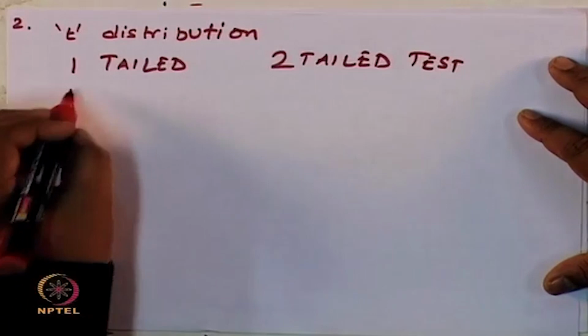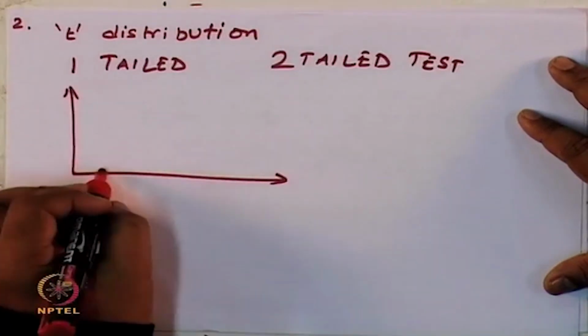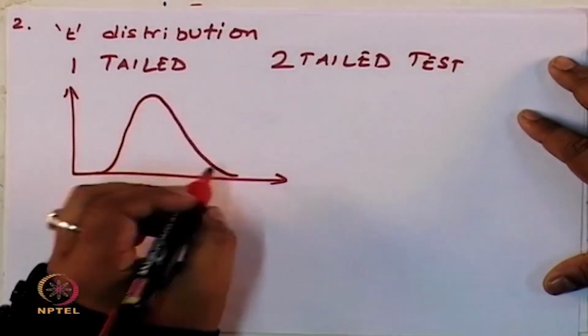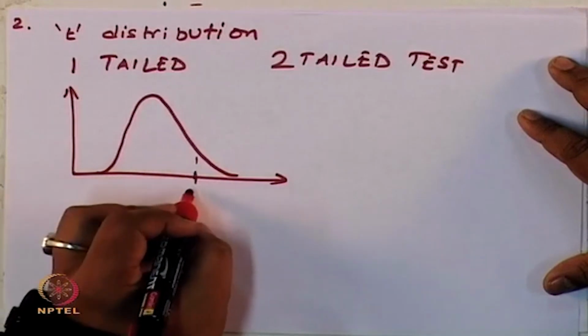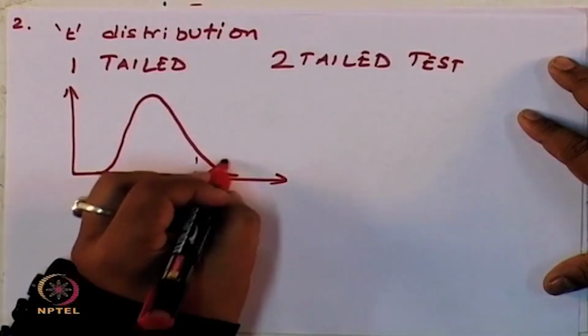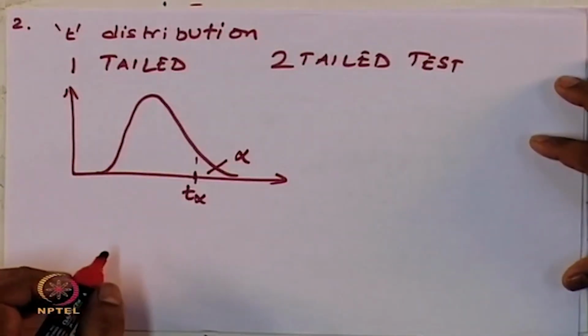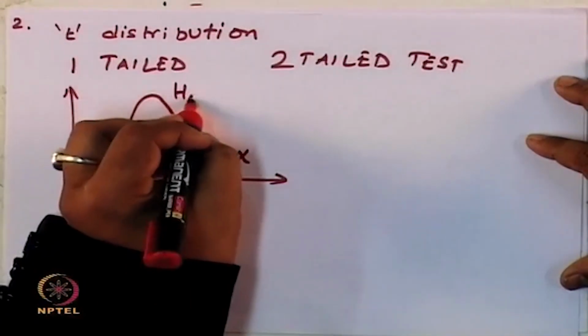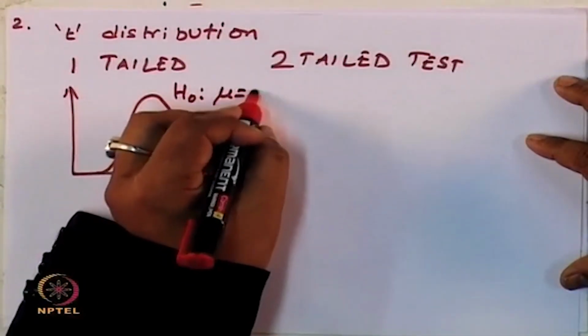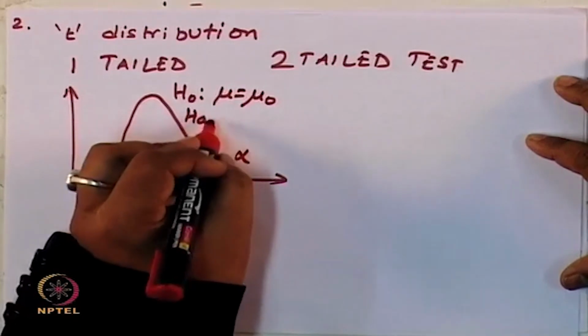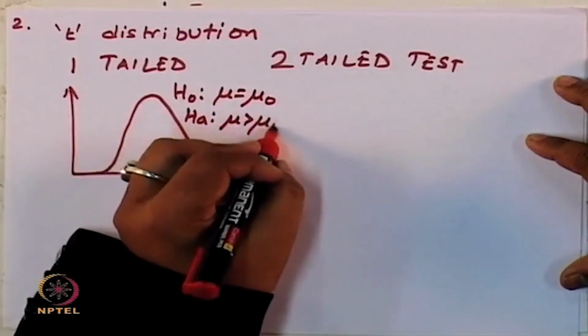Here, as before, you calculate this t of alpha, where alpha is the area under this curve, and your hypothesis is mu equal to mu naught and H A is mu greater than mu naught.